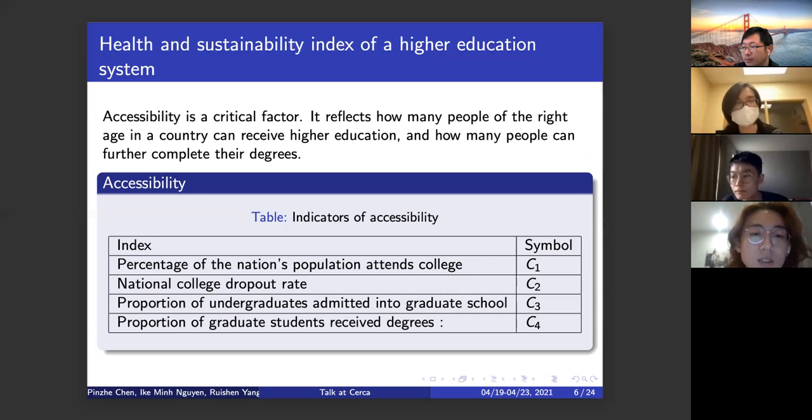In this indicator, we mainly assess the following four indicators: percentage of high school graduates attending college, national college dropout rate, proportion of undergraduates admitted into graduate school, and the proportion of graduate students who receive degrees, master or PhD.